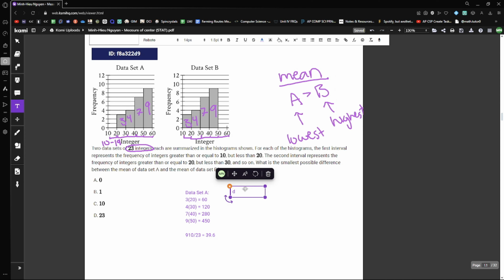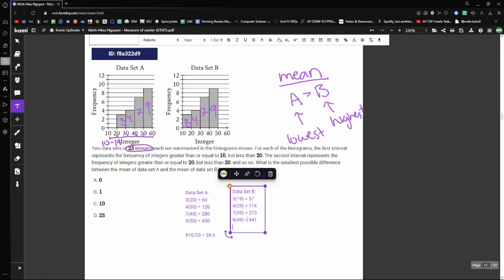Then for dataset B, it's gonna be 3 times, and we want the highest for this interval, so 3 times 19, and then 4 times 29, 7 times 39, and 9 times 49. Then we're gonna add that all up. Oh, hold on. 57, 116, 273, and 9 times 49 is 441.